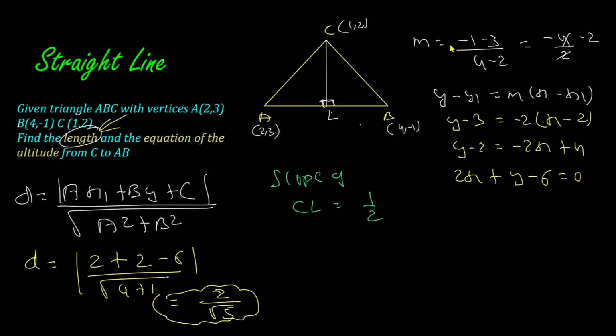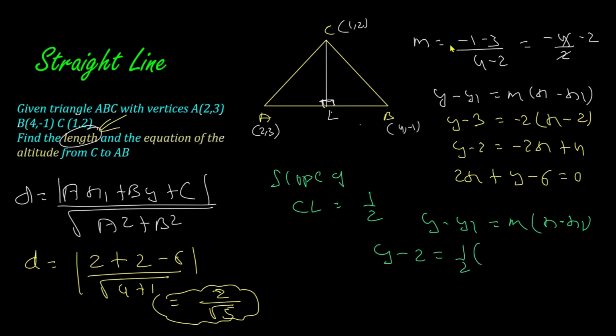And then what do we have to obtain? The equation. So here too we are going to apply the same relation, y minus y1 is equal to m times x minus x1. y1 from here is 2, so y minus 2, and the slope of this line is half.